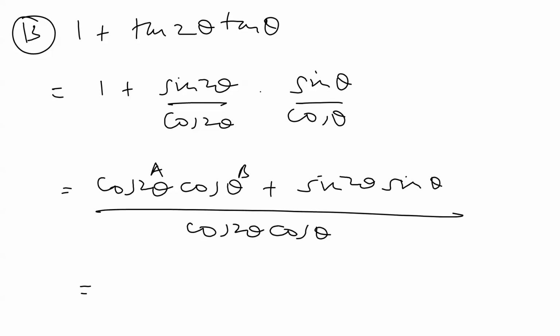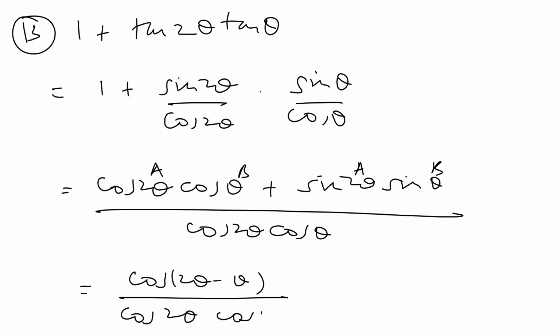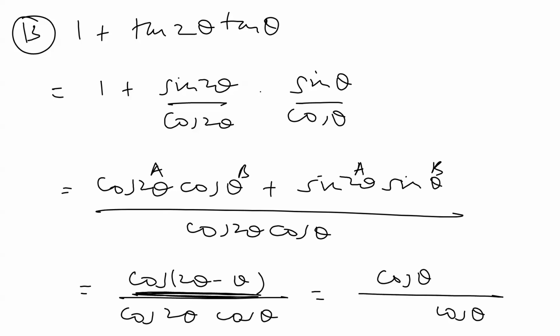Now this is A, this is B, this is A, this is B. Cos of 2 theta minus theta is cos theta, and this is cos 2 theta. So one term will get cancelled. Take this term up in the numerator, hence proved.